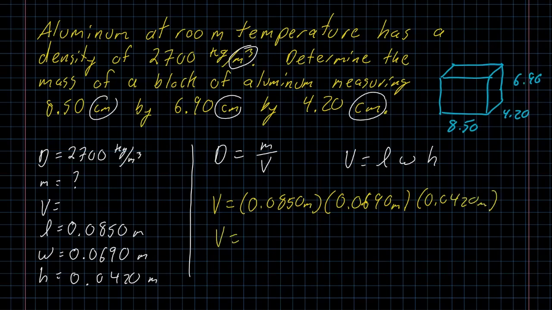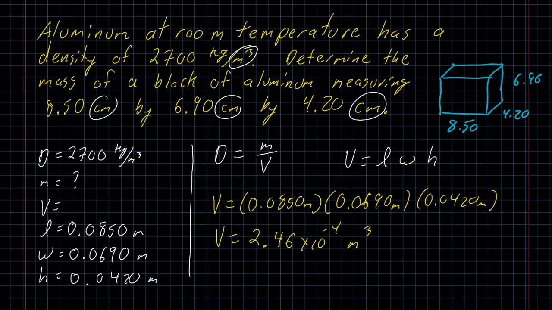All right, my calculator is very happy to do this. It gives me a small enough number that I'm tempted to leave it in scientific notation. I'll also notice that all of my measurements had 3 significant digits, so I want this result to have 3 significant digits as well. I'll round it to 2.46 times 10 to the negative 4th cubic meters.